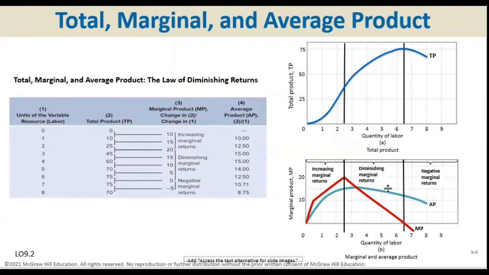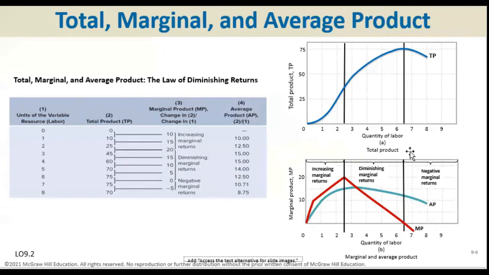And it gets to a point where the total product reaches the peak and now starts to decline. When you have that, you will see here that the marginal product is negative, and that is negative marginal returns.